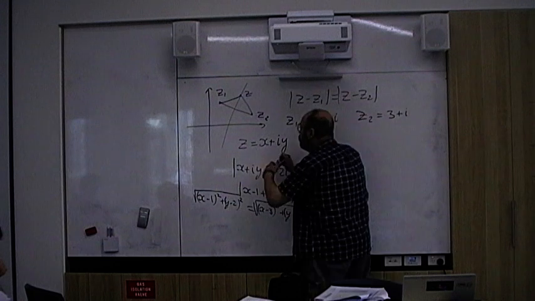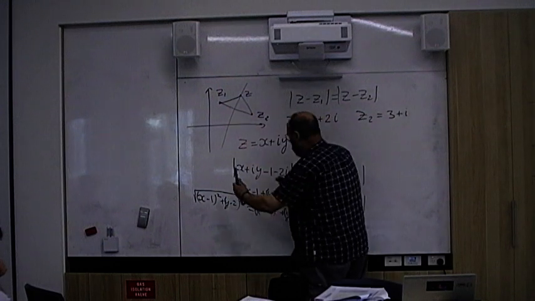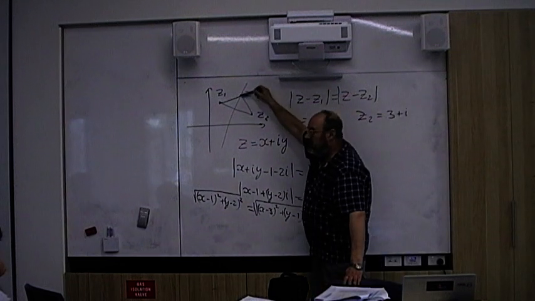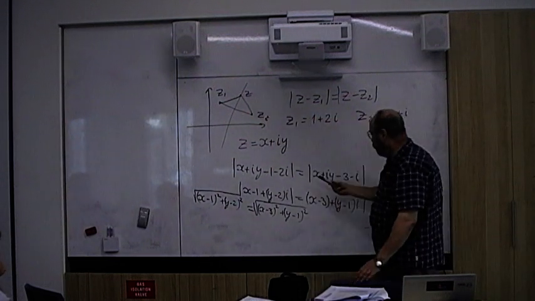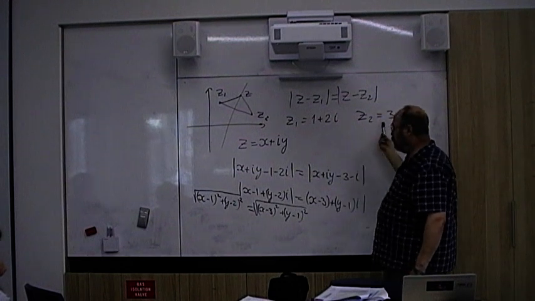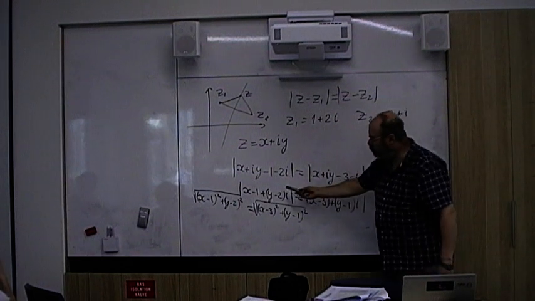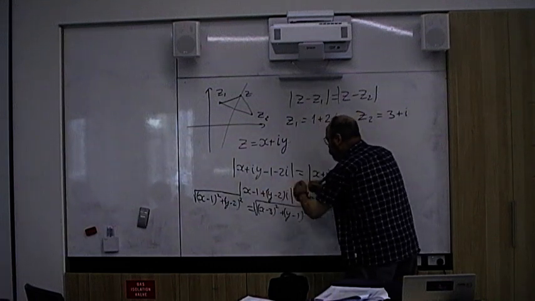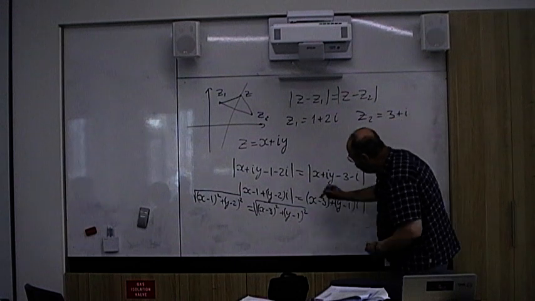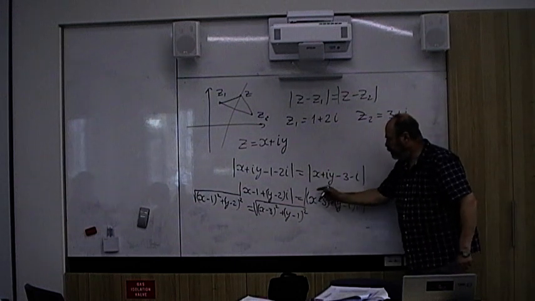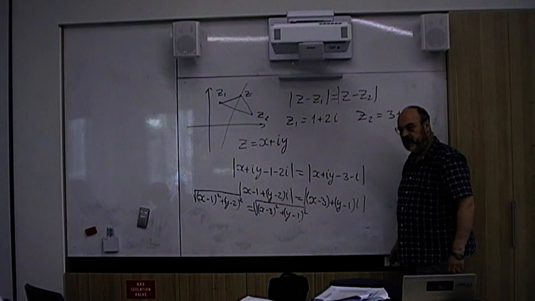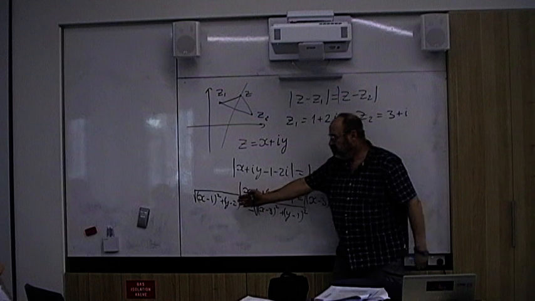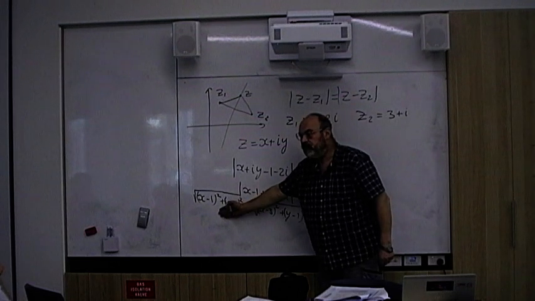And this distance has to be equal to this distance, which is z minus z2. Then I just rearranged, collected the real parts together and imaginary parts together. And the distance is this between 2 points.